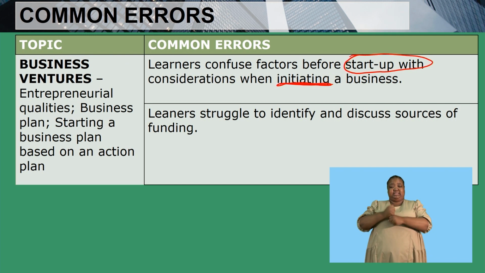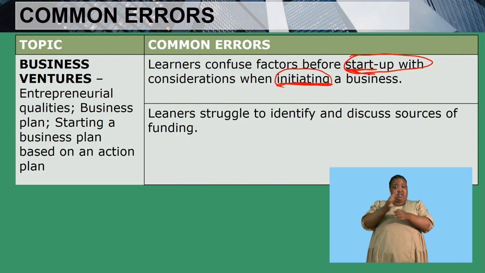It is very important to remember that when we talk about factors to consider when initiating a business, we are looking at the idea that you have when you want to start a business. As you are planning your business idea, there are certain factors that you need to look at, which we will discuss later on. And then after that is done, you will want to start your business. But before you can do that, there are also a few more things that you need to consider.